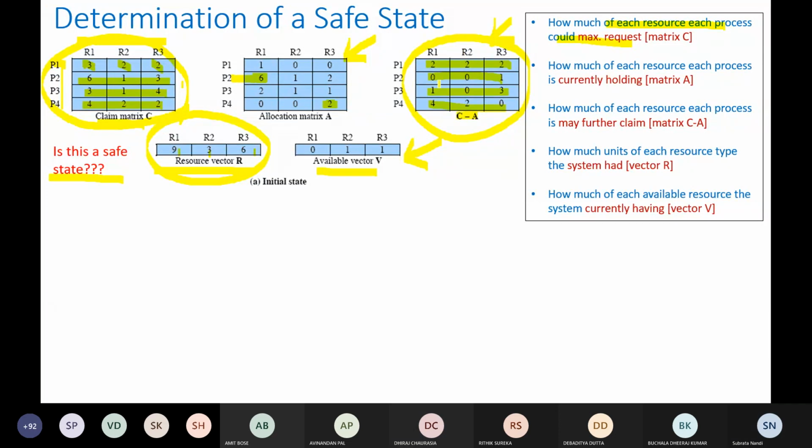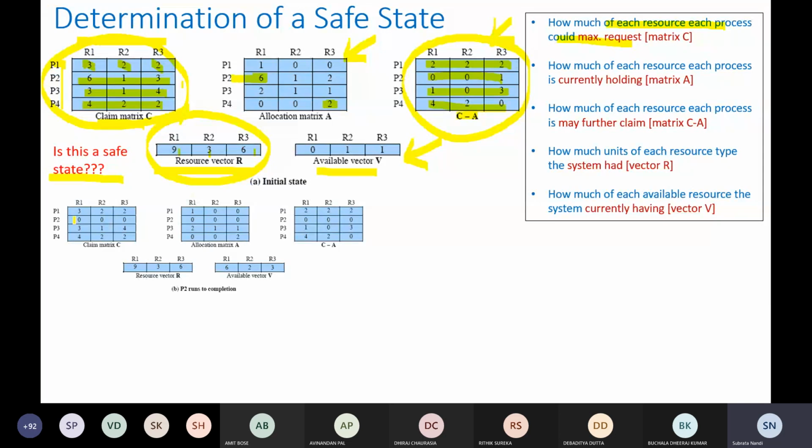So P2, sir. You match one by one the rows of this C minus A with respect to the avail vector V. If you find a row which has demands lower than or equal to the availability, you can safely say that for that process, even if all four requests come right at this moment, I definitely know that this P2's request can be satisfied.